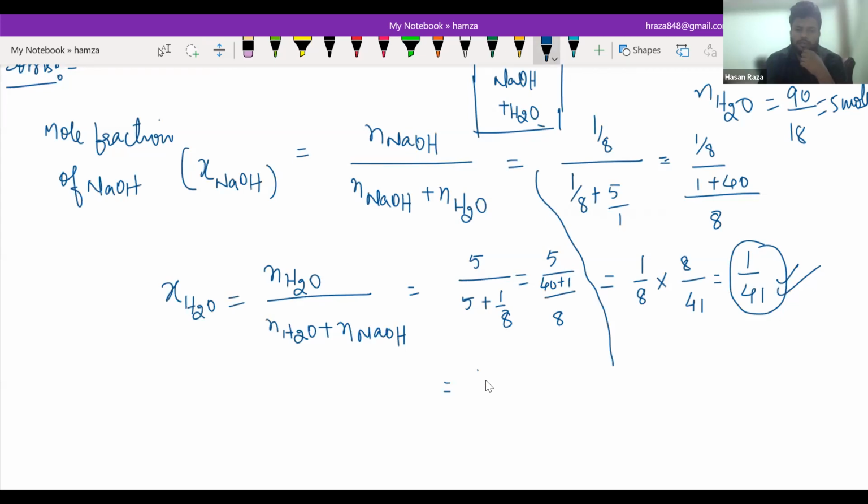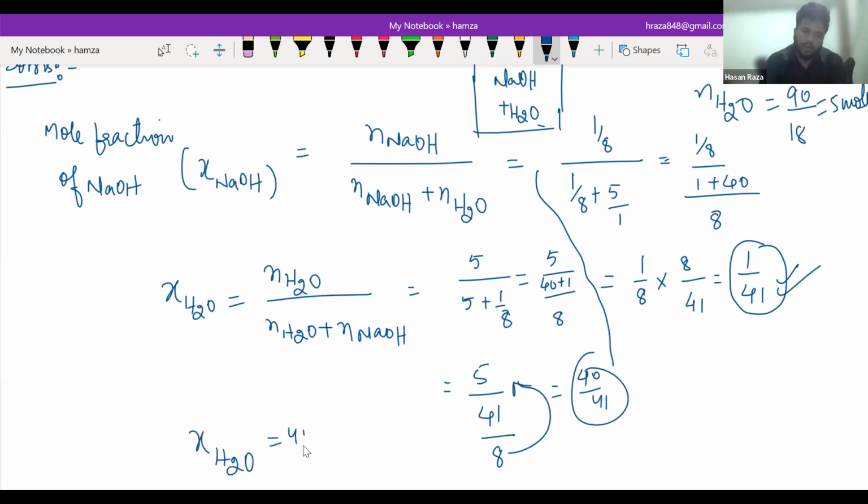Now you can see 5 upon 41 by 8. This 8 will be in the numerator, and it will be 40 upon 41. So this is the mole fraction of H2O, that is 40 by 41. And the mole fraction of NaOH is 1 by 41.